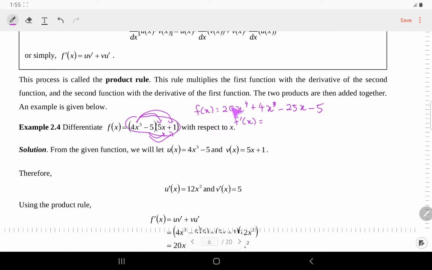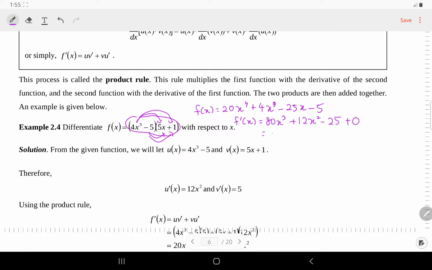So for the differentiation of 20x power of 4, you just need to bring 4 in front and then multiply with 20. So it will become 80x power of 3, and then plus, 3 brought in front, multiplied with 4, and then we get 12x power of 2, and then this one will become minus 25 plus 0.